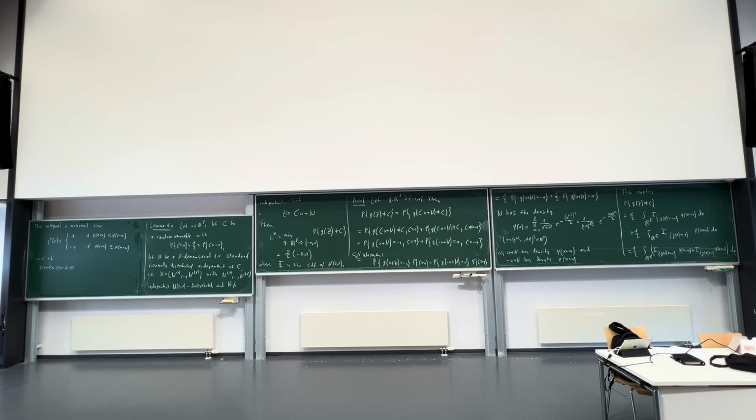We know what phi is, so it's 1 over 2 pi with exponent minus d half, times e with exponent minus the norm squared of the argument.